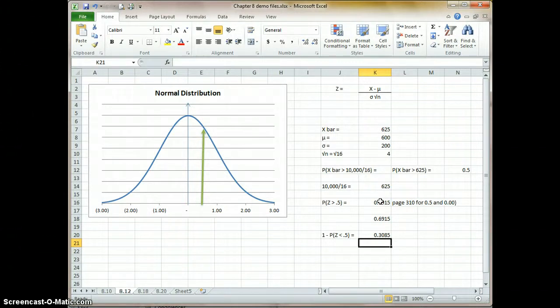So the interpretation of this would be, what is the probability that the total number of customers who enter the supermarket in one day is greater than 10,000? And that probability would be 0.3085.